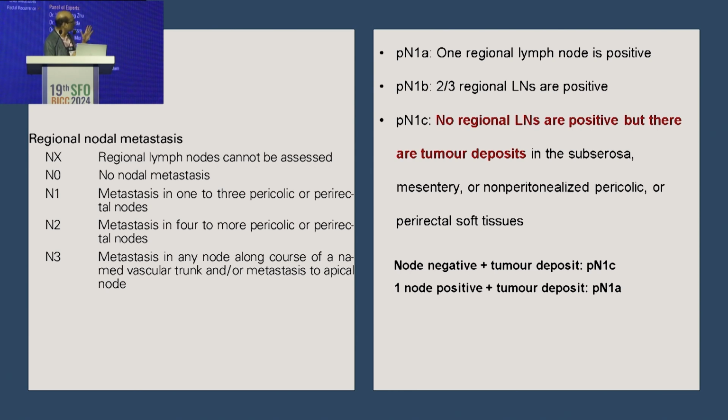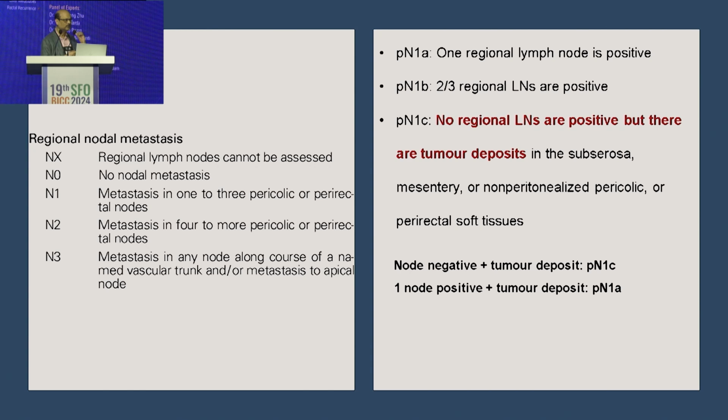Now, the most important thing is N1, which is again of 3 types: N1a, N1b, and N1c. N1a means only a single lymph node is involved. N1b is 2 to 3 regional lymph nodes involved, and N1c is when no lymph node is involved, but there is tumor deposit. We'll discuss N1c again. So it is node negative but tumor deposit present.